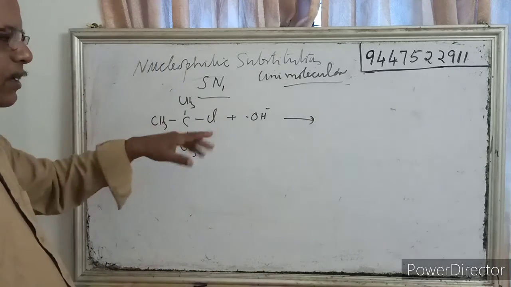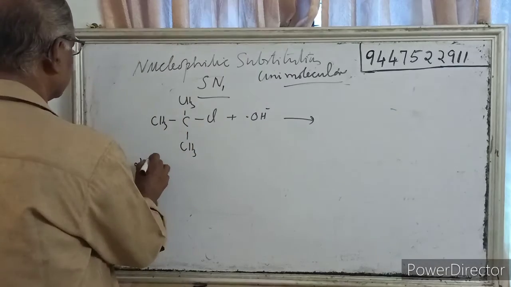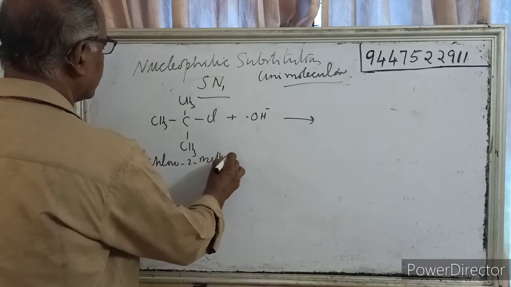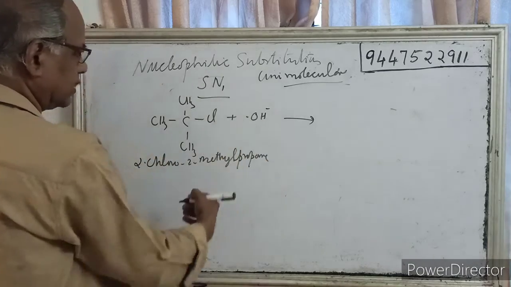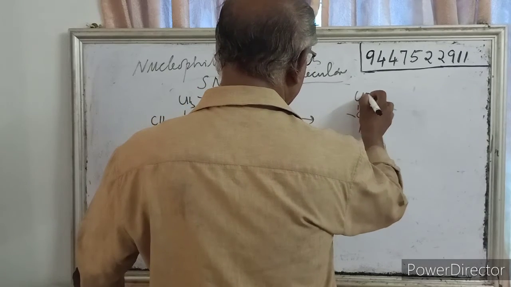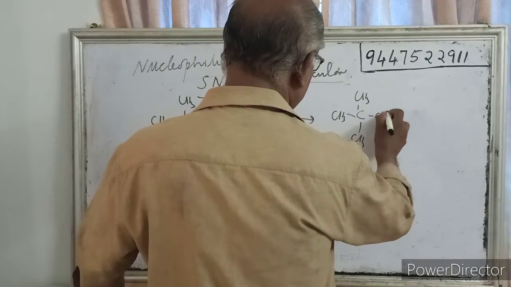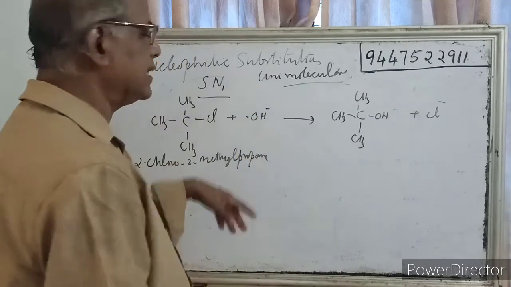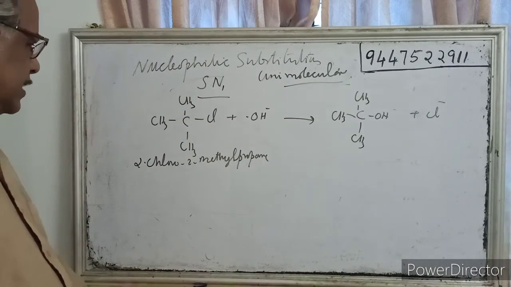This is tertiary butyl chloride, or 2-chloro-2-methylpropane. It reacts with OH minus to give tertiary butyl alcohol plus Cl minus. So this follows the SN1 reaction, nucleophilic substitution unimolecular reaction.